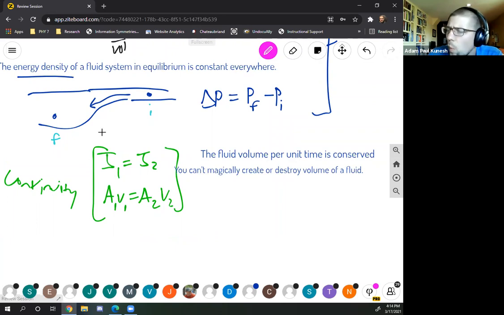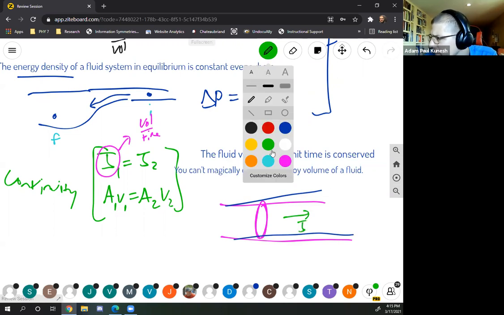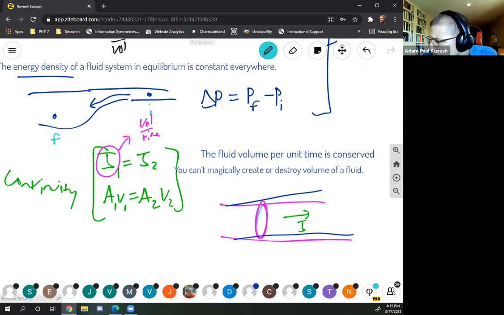So what current is, this I, is a volume per time. What current describes is the amount of stuff passing through a given region of my fluid circuit. Say this is a pipe and I've got some current flowing through it. One way that I can measure the current is by taking a cross section and saying, okay, what's the velocity of fluid flowing through this?